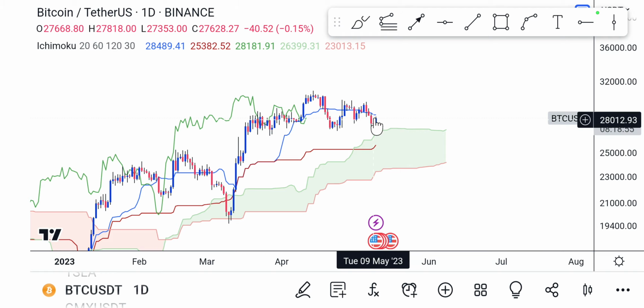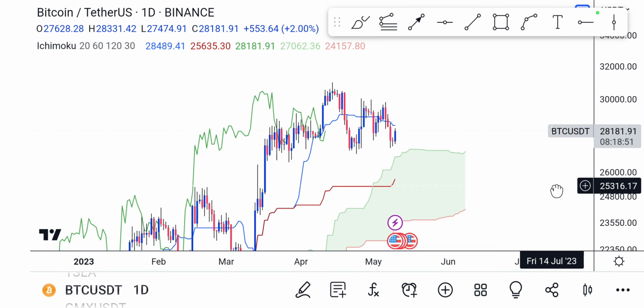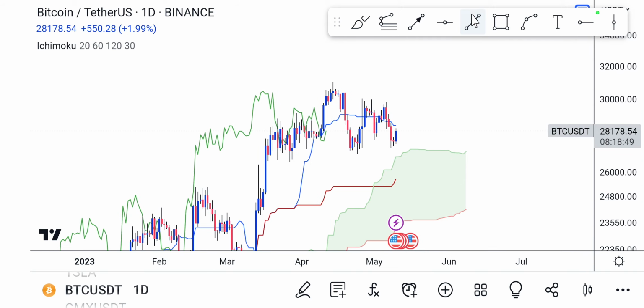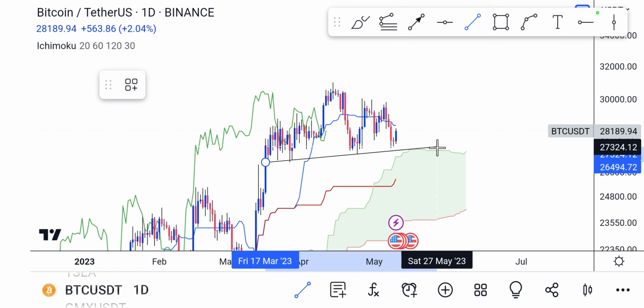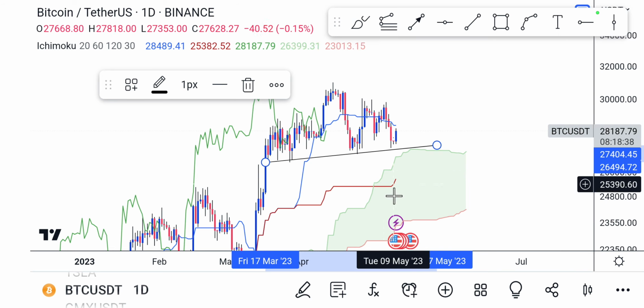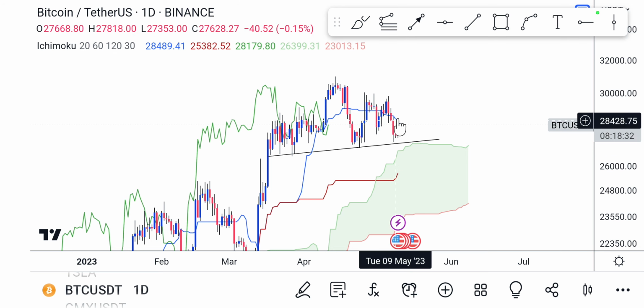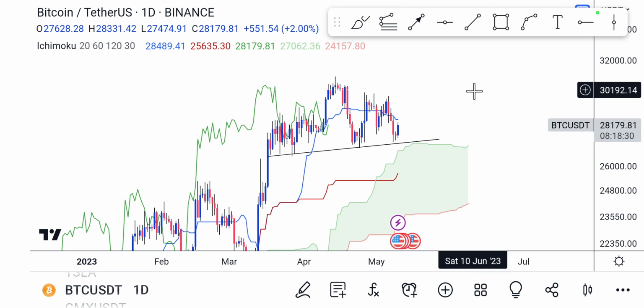And if this holds, which is the head and shoulder top, let me put this here. So if this holds, we are going to see a bullish TK angulation to the upside.